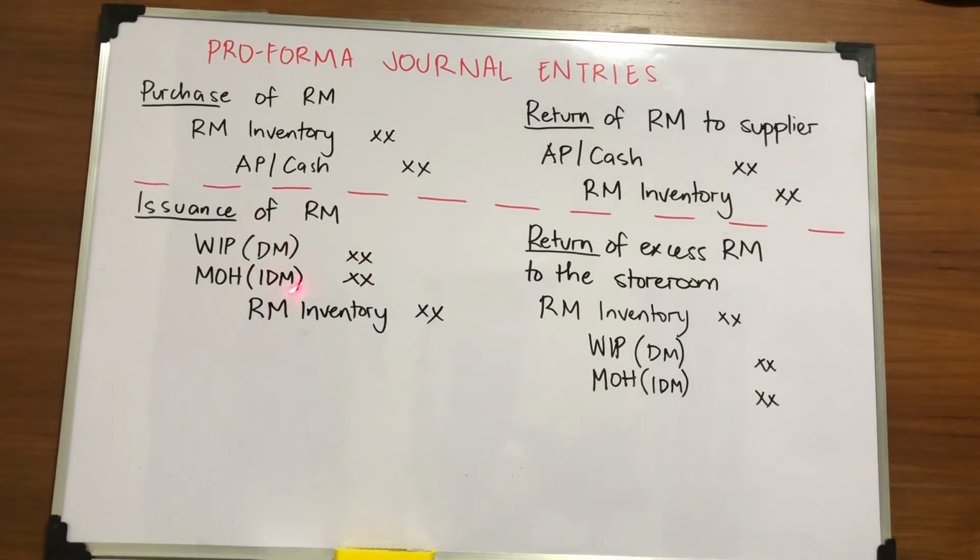So we have successfully issued the raw materials to the production process, but sometimes there is a wrong production forecast.